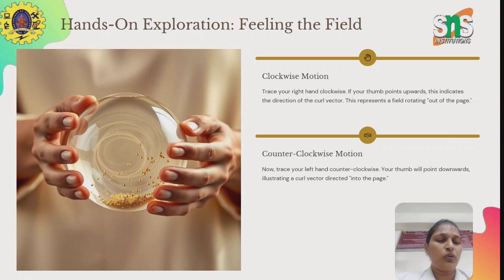When you hold the bowl and move it clockwise, you can observe your thumb pointing upwards, which indicates the direction of the curl vector. So the curl vector direction is indicated by the thumb. This represents that the field is rotating out of the page, which means that it rotates outwards.